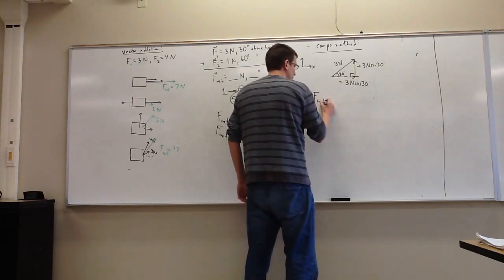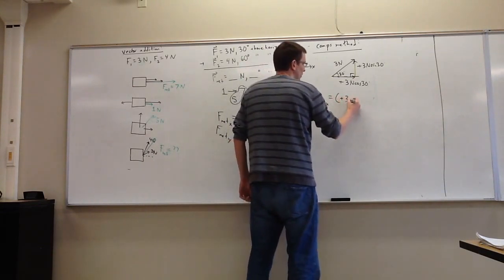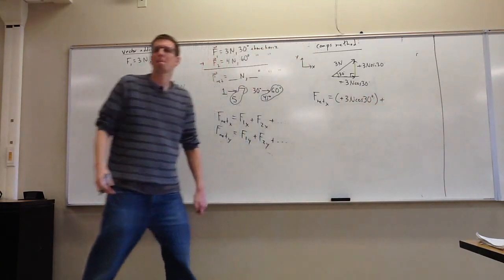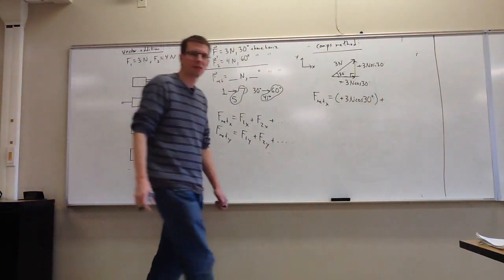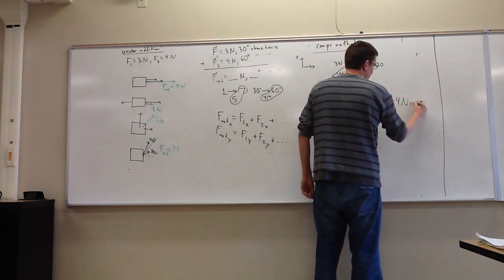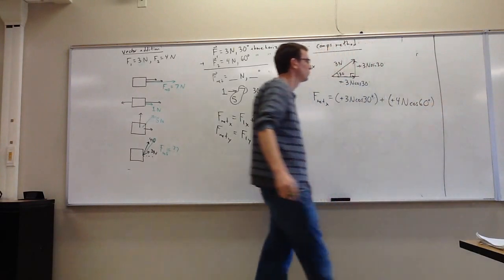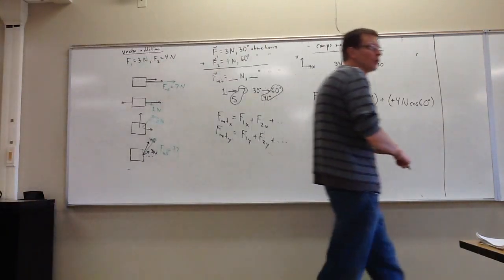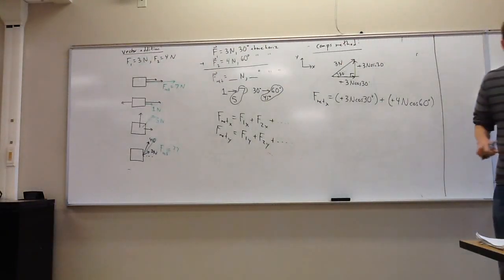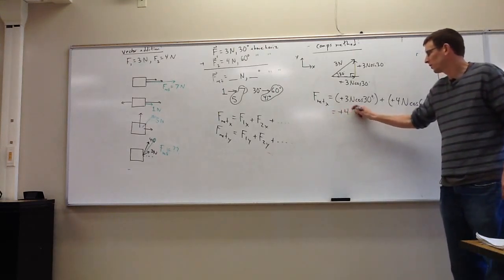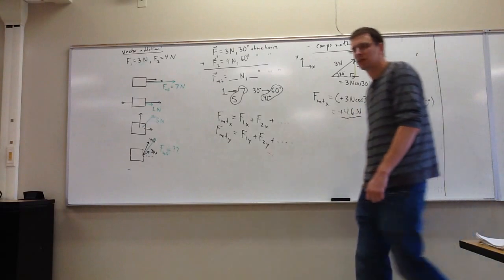Net force x component. Well, let's take one of our x components. We just got one. And the other one hopefully shouldn't surprise you, so I don't have to write it out. 4 newtons cosine of 60. So I go ahead and add that up, and I will find that's plus 4.6 newtons, round it off a little bit.